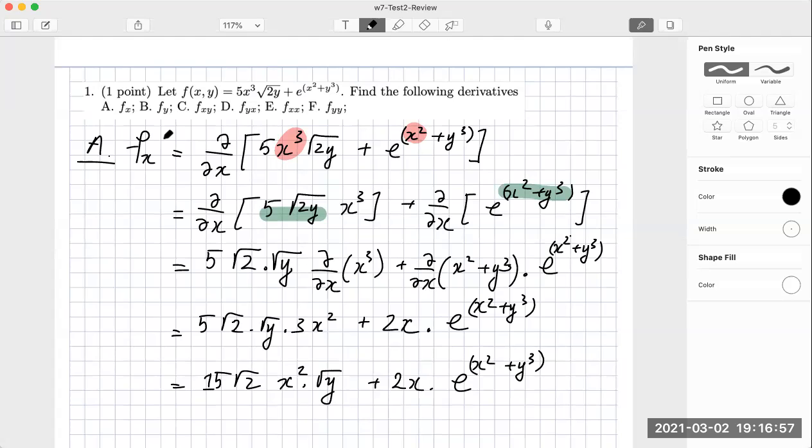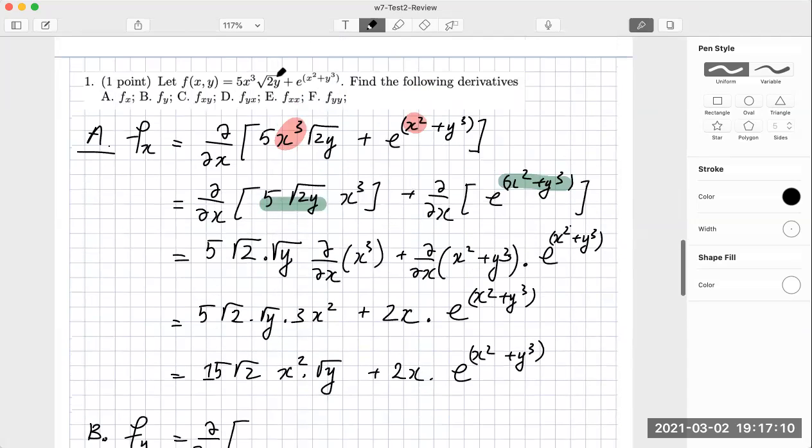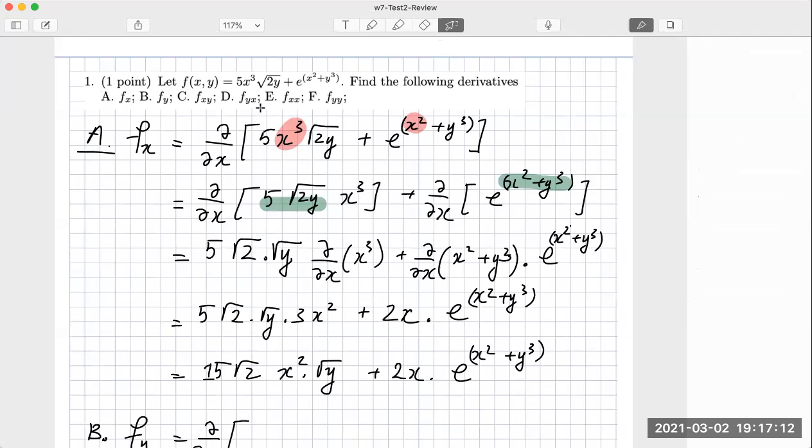Then let us do question B, where we need to find fy, or the partial derivative with respect to y. And the similar story here.